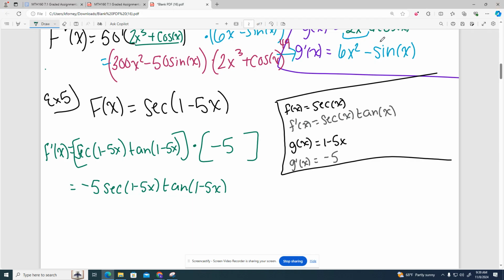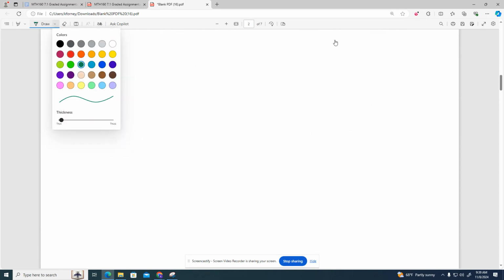Okay. So now this next one we're going to look at, I think we can do it all on this page. So this is example 6. I'll just write smaller.